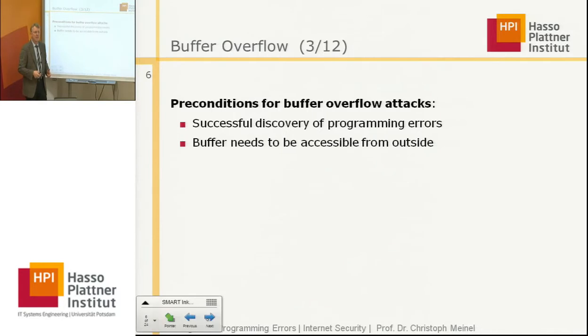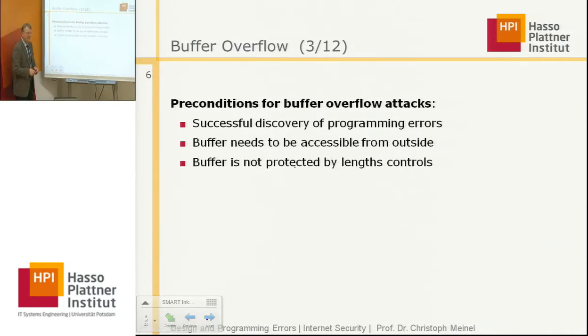Otherwise, he or she is not able to place bad code in it. And then, this is the main failure, that this buffer is not length-checked. There are no length controls for the input data for this buffer. So these are the preconditions for a successful buffer overflow attack.